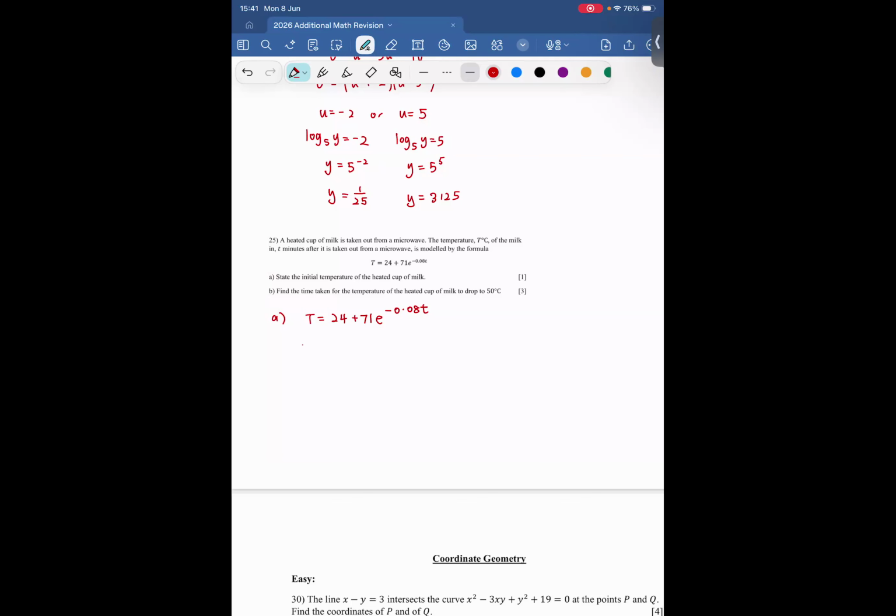So initial temperature means when the time is 0. So when you put this, you get e power 0. E power 0 is just 1. So it becomes 24 plus 7.